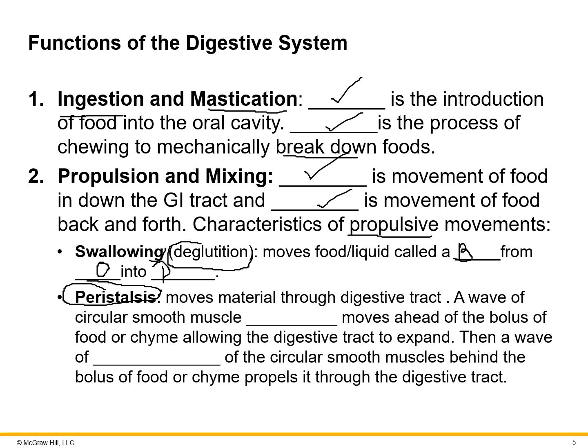So peristalsis involves first a wave of circular smooth muscle relaxation. So first, when the smooth circular muscle relaxes, it moves food forward one step. So it moves bolus or chyme forward. Then this circular smooth muscle contracts and it propels. So it squeezes, moves stuff forward. Then it relaxes and allows the stuff to move ahead. So we're going to see that here in the next slide.